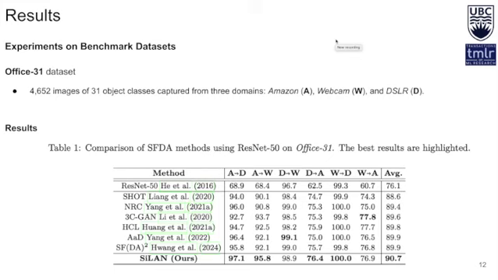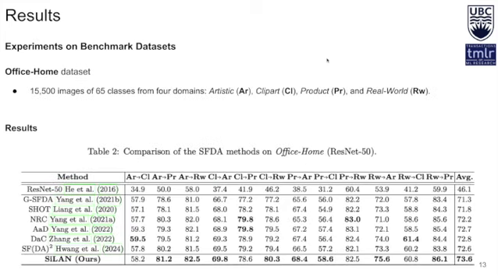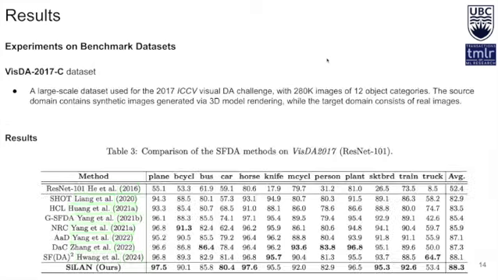As you can see from Table 1, with the simple InfoNCE-based contrastive objective empowered by our latent augmentation strategies, we achieve the state of the art on this dataset. We also conduct experiments on the Office-Home dataset, and on this dataset, we achieve state-of-the-art performance again.